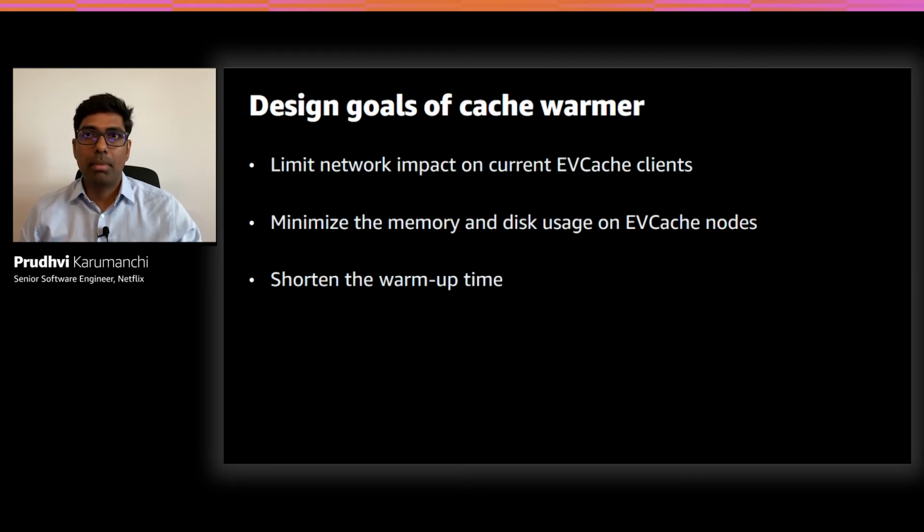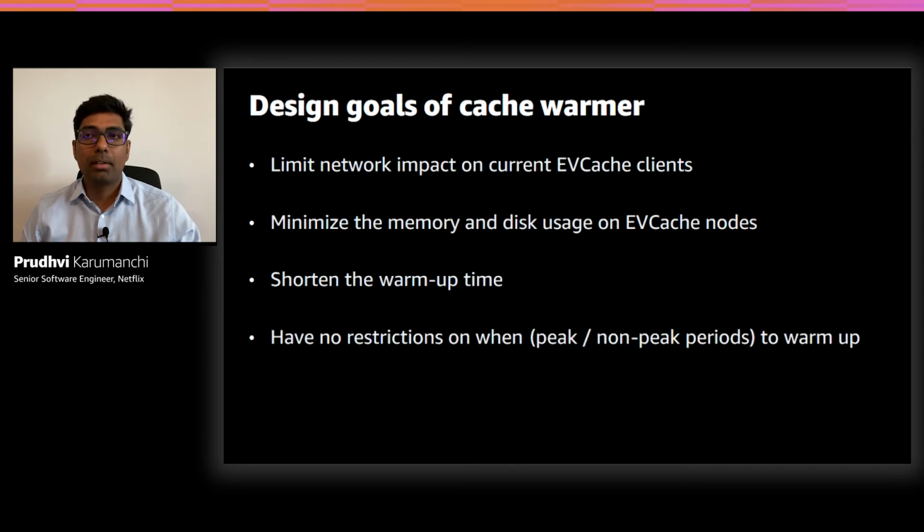Another important design goal is to accelerate the warm-up time as much as possible. Also, we should be agnostic of whether the warming activity is happening during a peak hour or a non-peak hour.